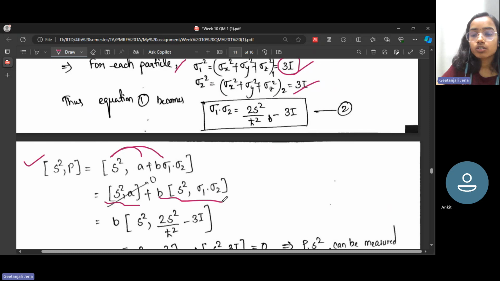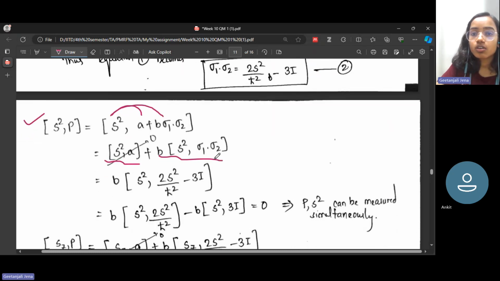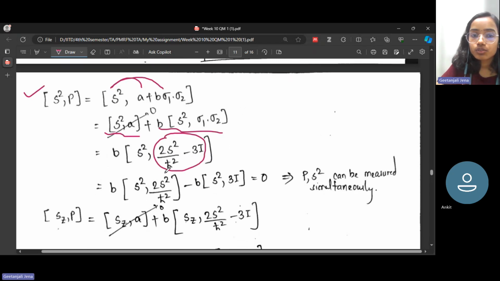For the second term, use equation 2. According to equation 2, sigma 1 dot sigma 2 is nothing but 2S square by h cut square minus 3. Now if you again use the properties of commutation relation, first you need the commutation relation of S square with 2S square by h cut square, and second, the commutation relation of S square with 3I.